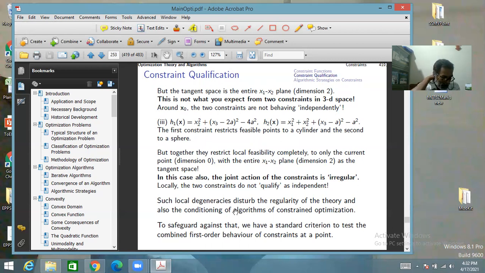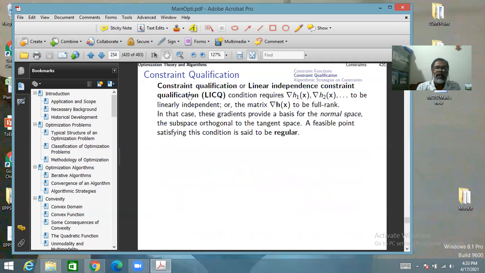So this is a constant problem in the case of constraint optimization, and therefore, in order to safeguard against these things happening, we have a standard criterion to test the combined first order behavior of constraints at a point. And in that test, you will see that we use the words constraint qualification, regular point, irregular point, and so on. So constraint qualification condition, or the full name is linear independence constraint qualification condition.